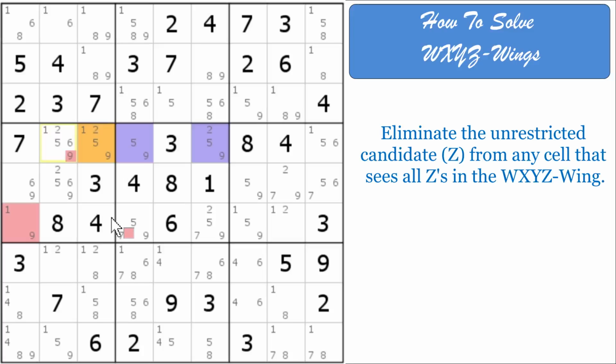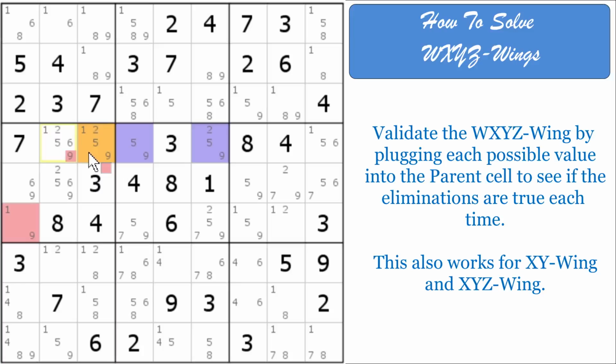Every time you do a WXYZ-Wing, until you get the hang of it, I would tell you to validate it. You can now validate an XY-Wing, you can validate an XYZ-Wing, and you validate the WXYZ-Wing all the same way. How do you do it? You basically plug in every possible value into the parent cell or the pivot. And all of these have pivots. And if you can make the eliminations you're looking for, it's a valid WXYZ-Wing.